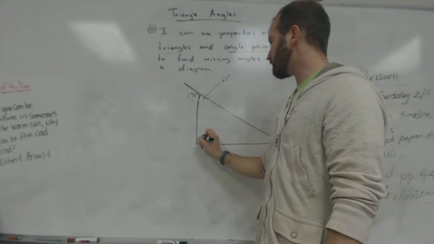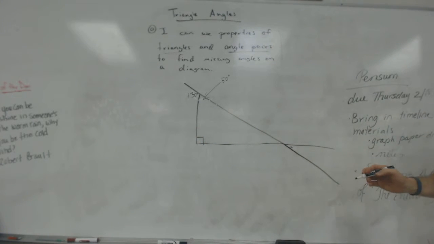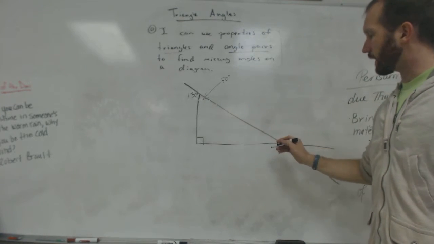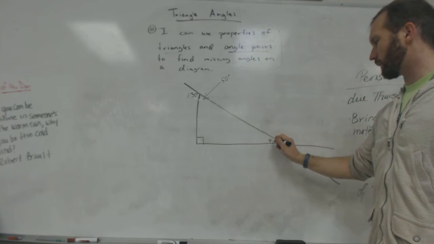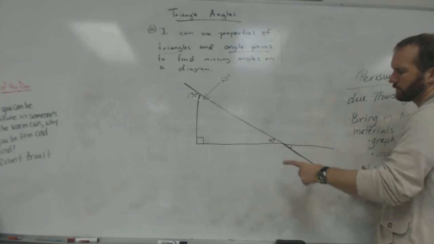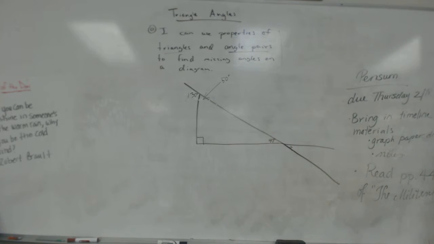Now let's say they also told us that this here was 90 degrees. Well, then how are we going to find angle A? 50 plus 90 is 140, plus 40. So this angle is 40 degrees. And since these are vertical angles, angle A also has to be 40 degrees.